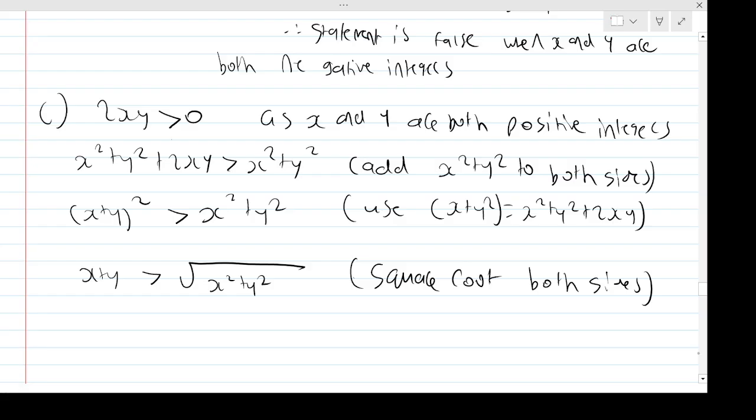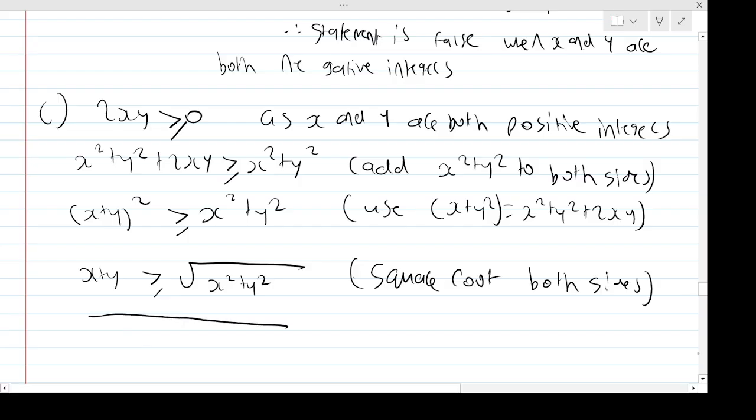Actually, technically, this would be greater than or equal to, because if x and y were 0, then it could be equal. So we could just put an equal to sign there. It'd be completely fine. So therefore, inequality proved. I'm not even going to write it. That's what we needed to prove. So there we are then.